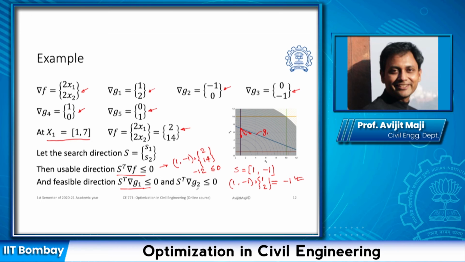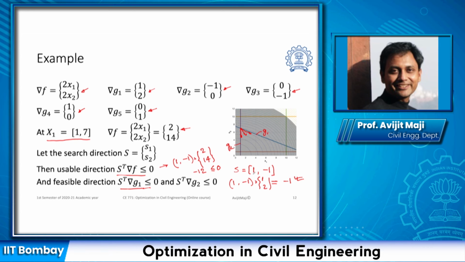Likewise, if we see for the second gradient, we'll see that it is a feasible direction as well. My second constraint was this, and with that respect all the directions are fine. So it clearly indicates my search direction.